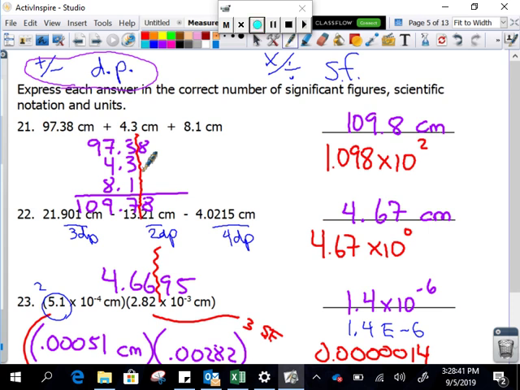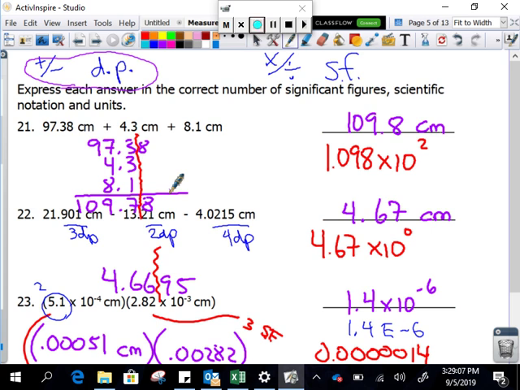Our answer can't have a value there. So with adding and subtracting, we look at where we run out of decimal places, and that's what happens in this answer. You still do the math normally, but then you round it based off of that. Cool, Rose? All right. And so that's why it's 109.8. We're dropping everything after the 7, which means it rounds up.